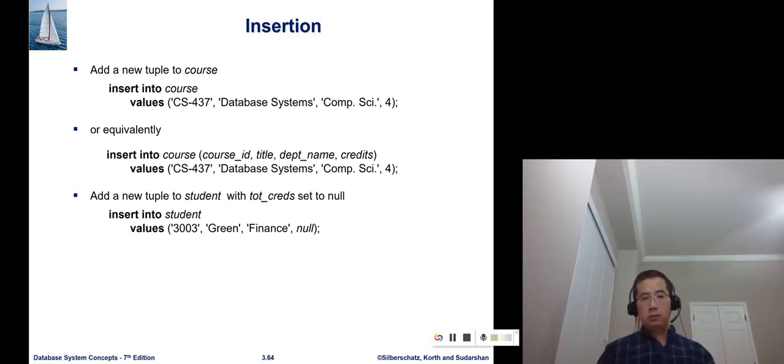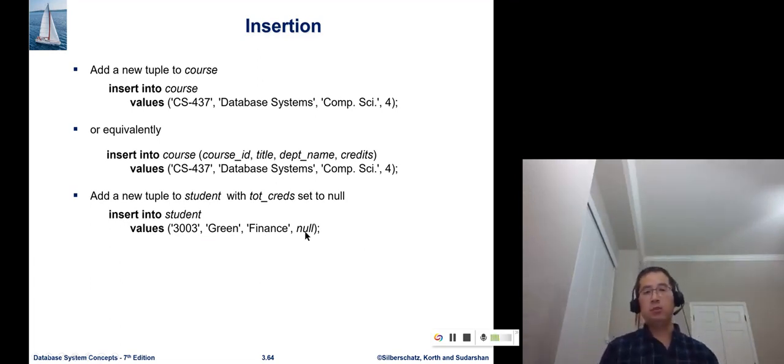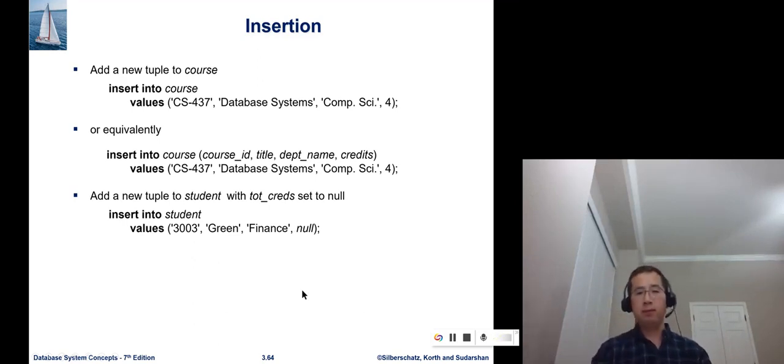So that means insert into student values, the ID, the name, department, and the total credit set to null value. Of course, you can list only the three. For example, like this, I mention the ID, name, and the department, and then you get rid of this one. Then the default value will be null. Okay, null value means not zero. Currently, we haven't decided.